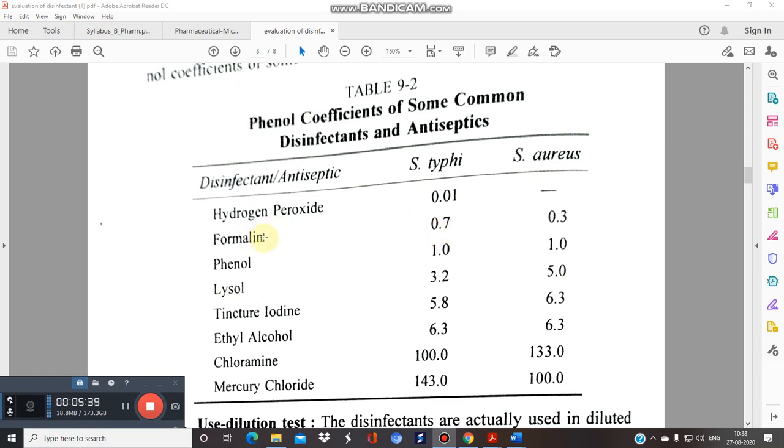But again formalin, for this microorganism, it has a phenol coefficient value of 0.3. So it varies from microorganism to microorganism. In case of ethyl alcohol, it has a very high phenol coefficient in comparison to phenol for Salmonella typhi.